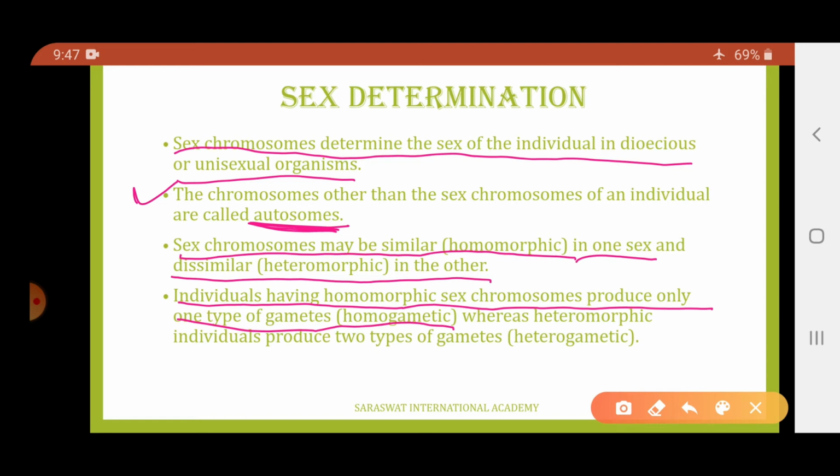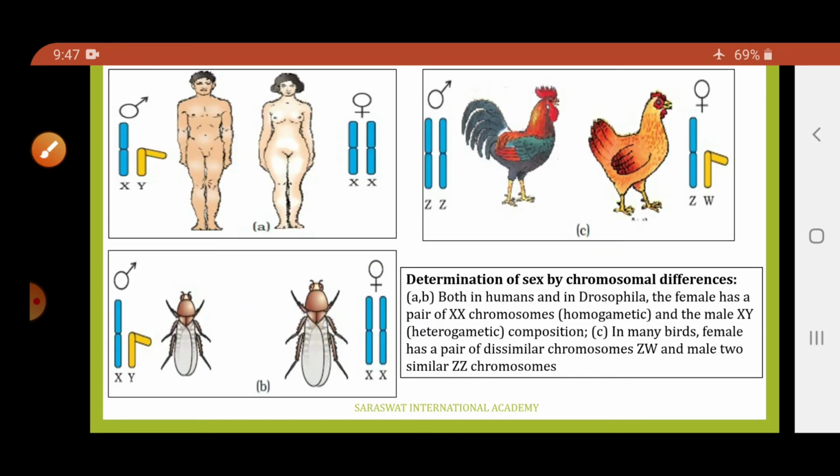Y chromosome. So, those individuals which have homomorphic sex chromosomes produce only one type of gametes, that is they are homogametic, whereas the heteromorphic individuals produce two types of gametes, that is they are considered heterogametic.